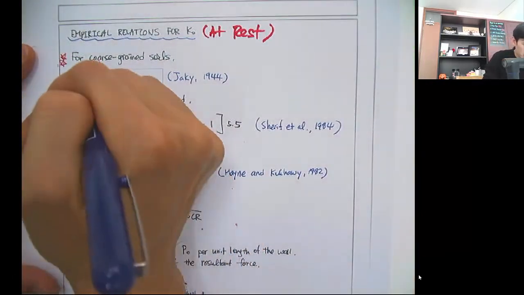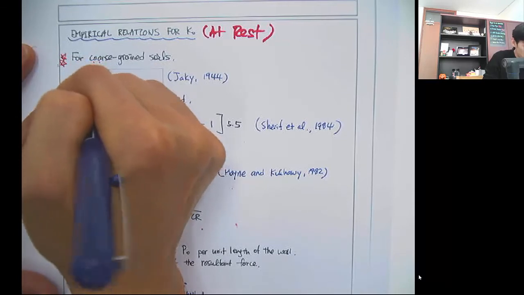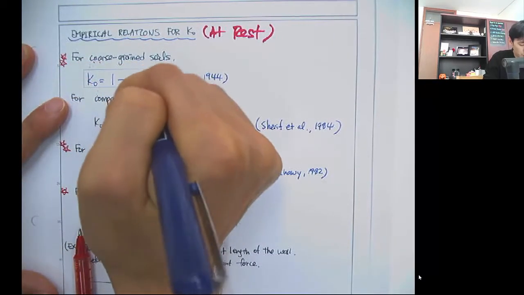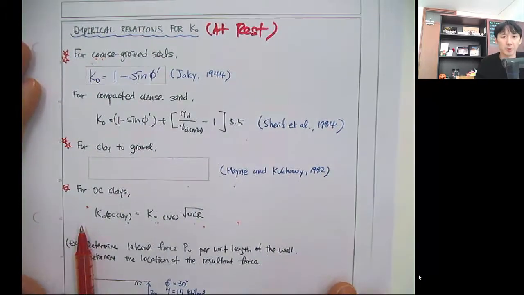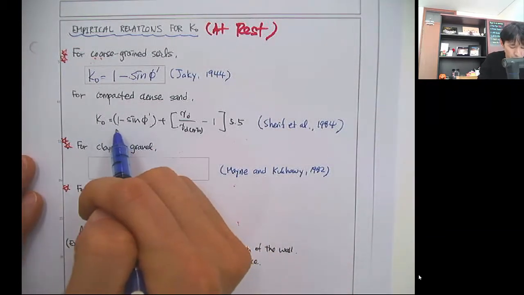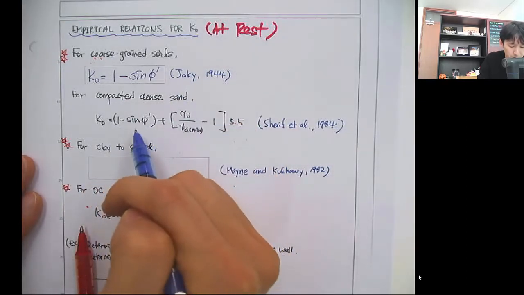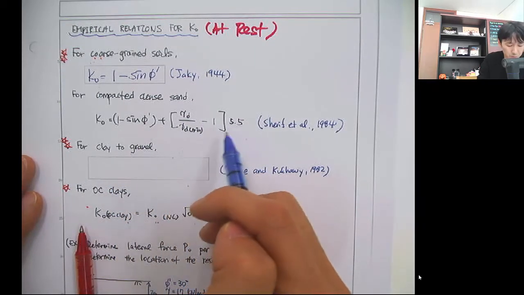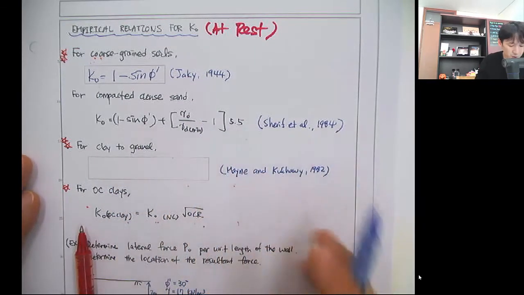For coarse grain soil, people compute the K0 from the friction angle, 1 minus sine phi prime, which is called Jaky's equation. And for compacted dense soil, there is an equation modified from Jaky's equation, 1 minus sine phi prime plus gamma over gamma d minimum minus 1 times 5.5.